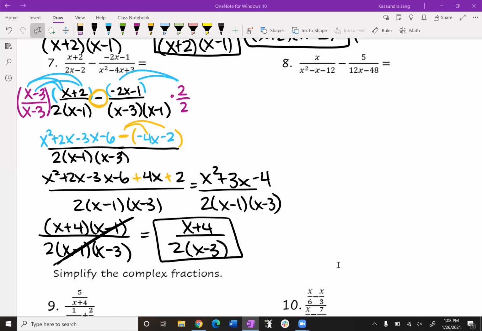Oh, factors and everything. Oh, okay, you're on the last step. Yeah, I'm good. So, that's the common denominator.